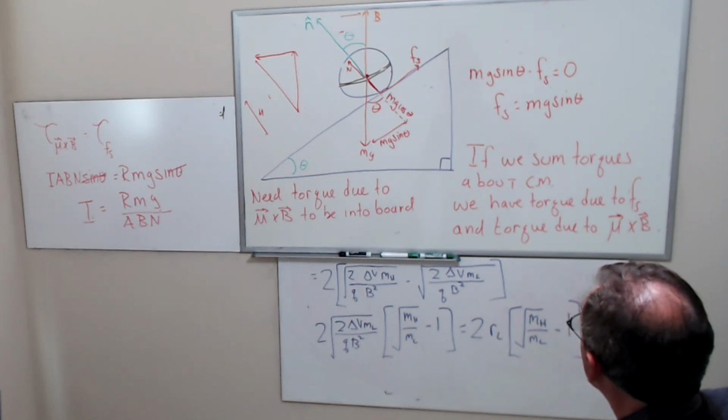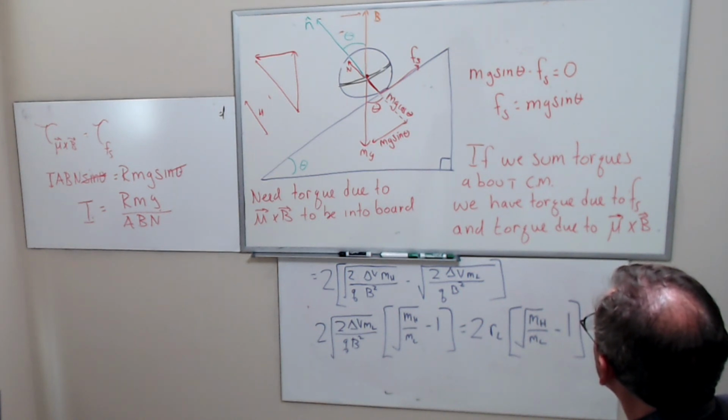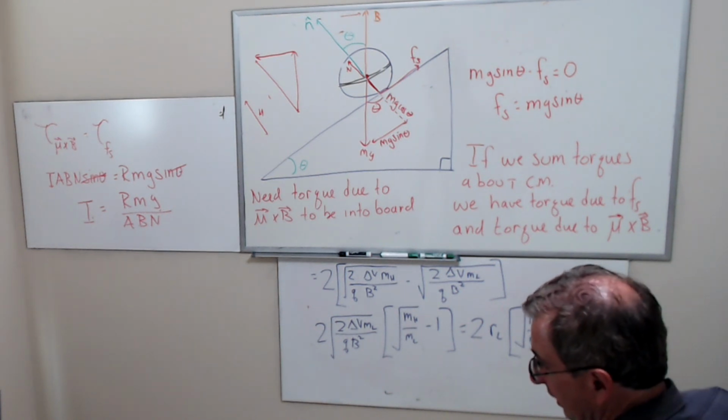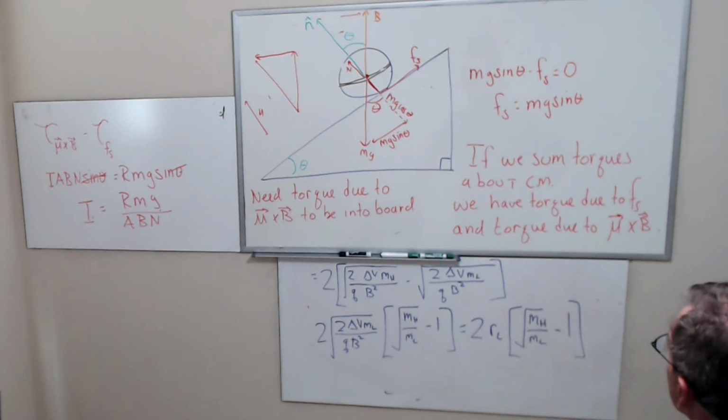Maybe he used a different angle. He might have used a different angle then. Okay. But it's the same thing though, right? Yeah, we ended up getting the same answer as this.